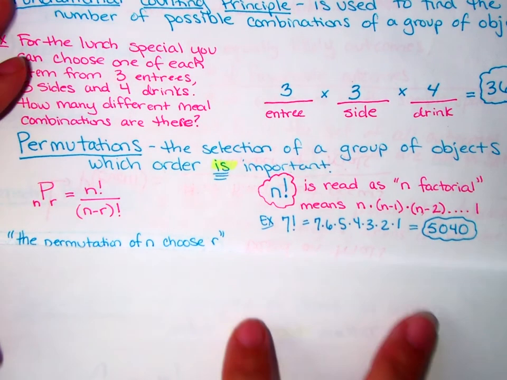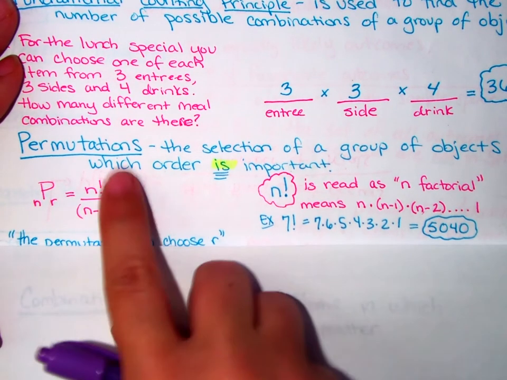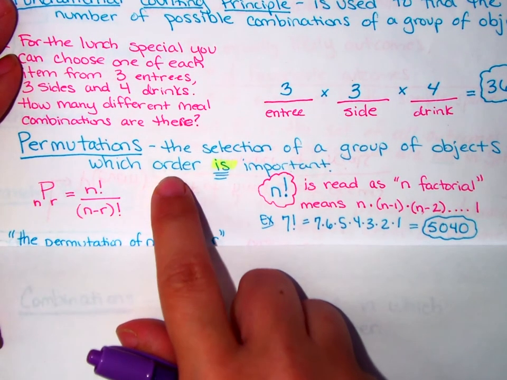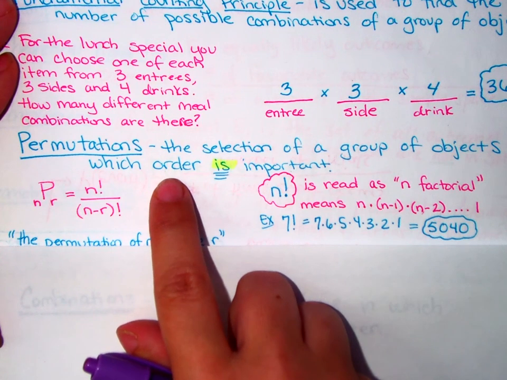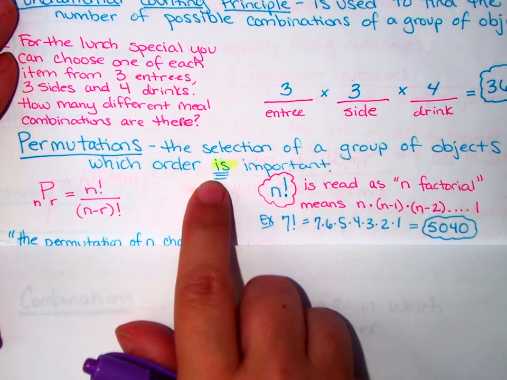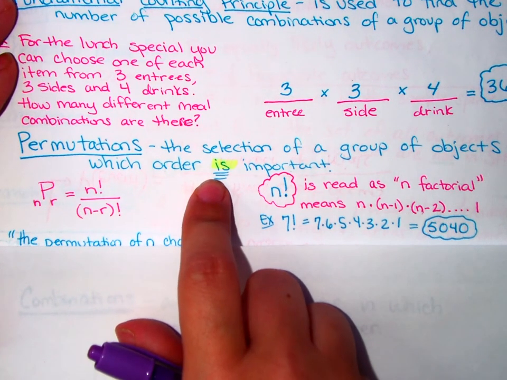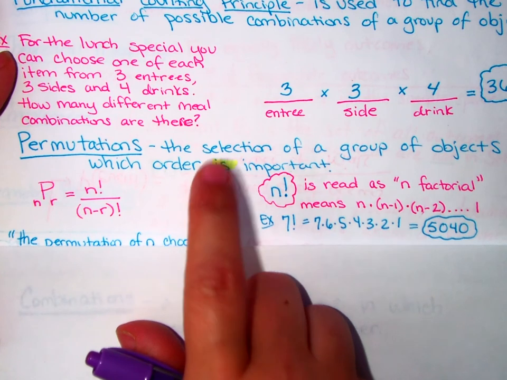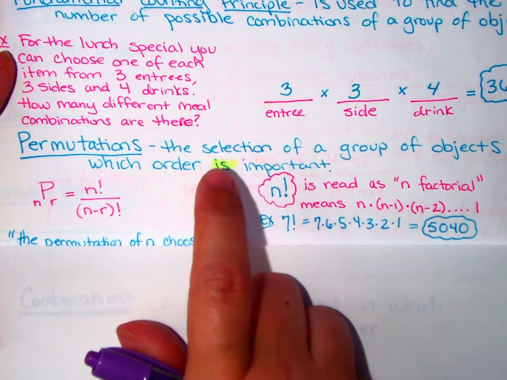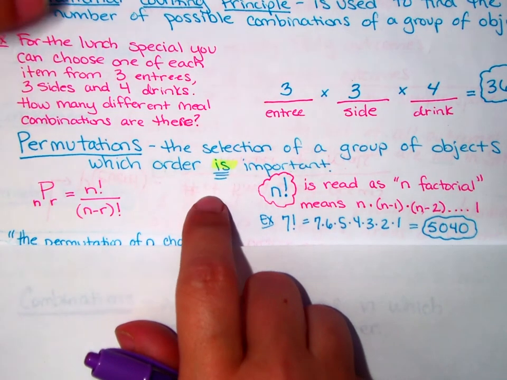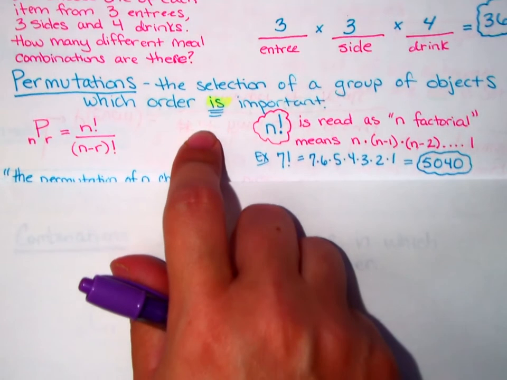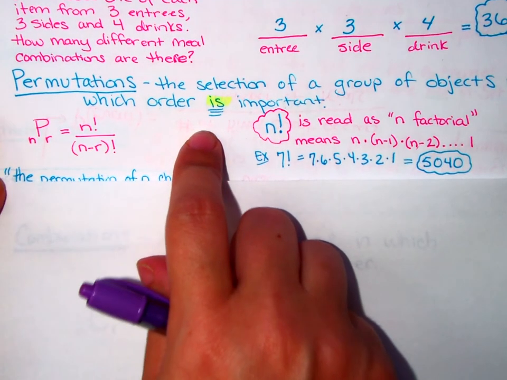But now I want to talk about permutations. Permutations is the selection of a group of objects in which order is important. We're going to get into combinations tomorrow, but today permutations, the order is important. I need you to remember that, because when we read these, we need to make sure that order matters.